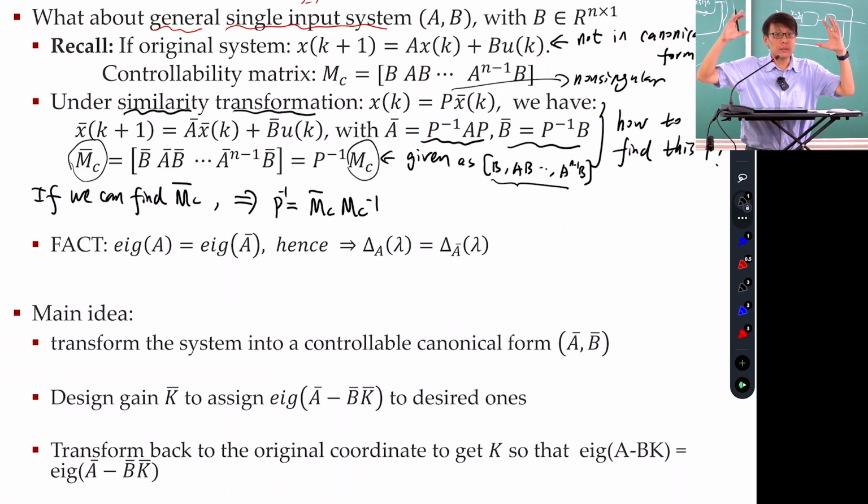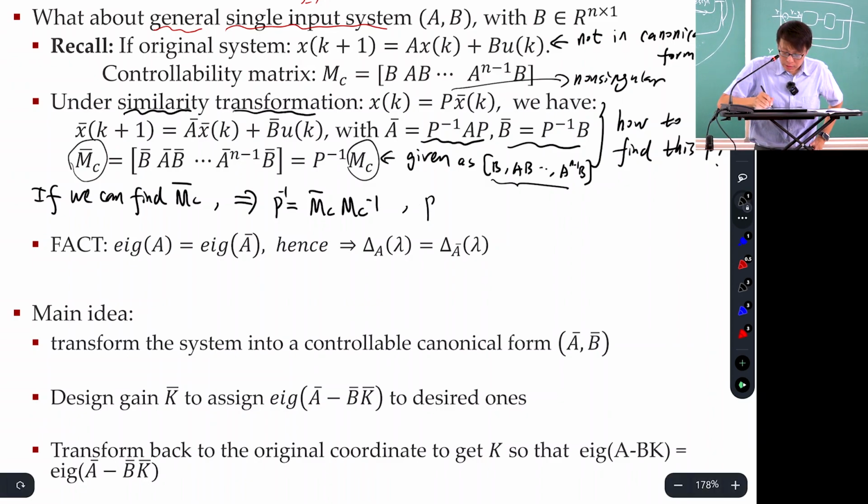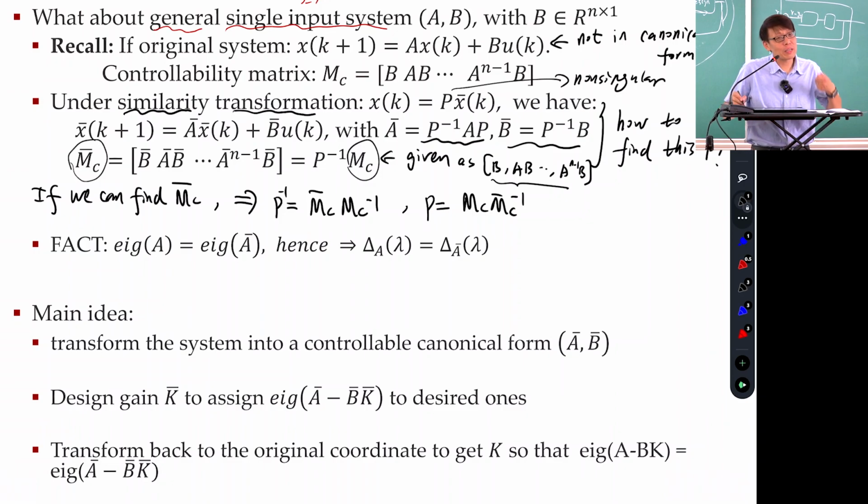Because we have a single input, it won't be a fat matrix. It's always a square matrix and full rank. So it's invertible. So this P inverse is well defined, and P is MC times MC bar inverse. Now the question becomes, can we find this MC bar? Actually, yes.